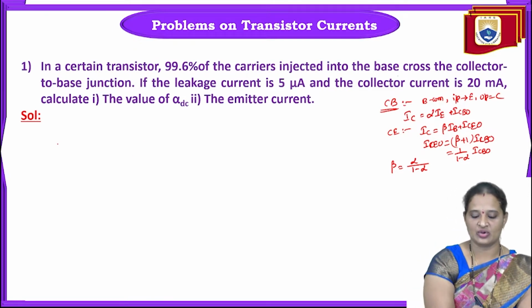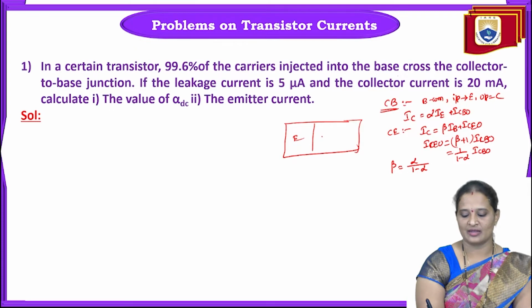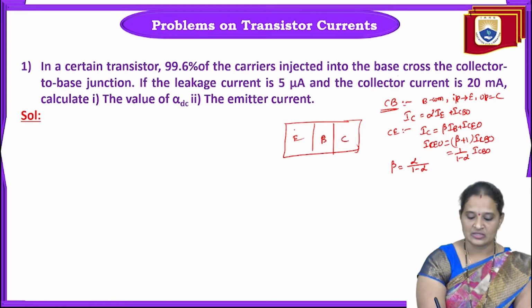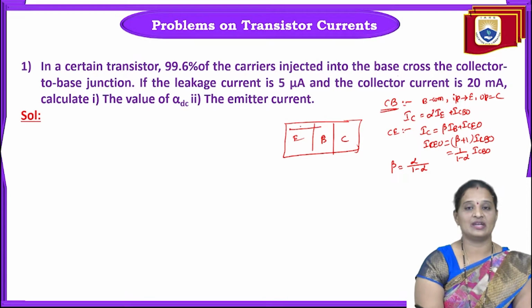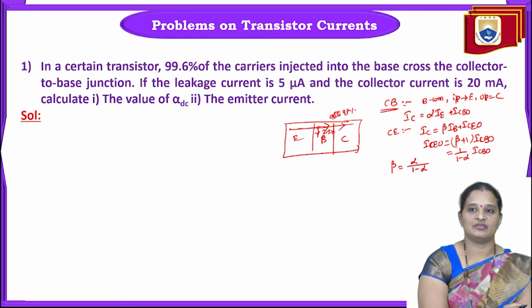So here we already know that in a transistor we have emitter and base, and this is collector. The majority charge carriers are generated in the emitter, and 2 to 5% of them will recombine in the base, and the remaining 95 to 98% of majority charge carriers will enter into the collector terminal.